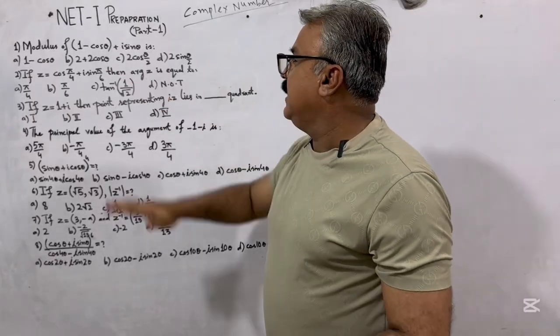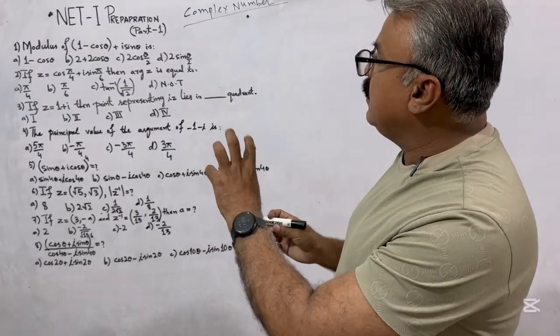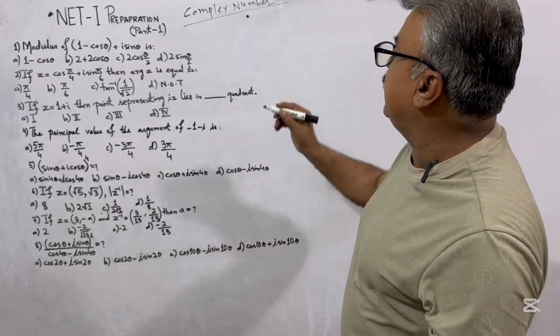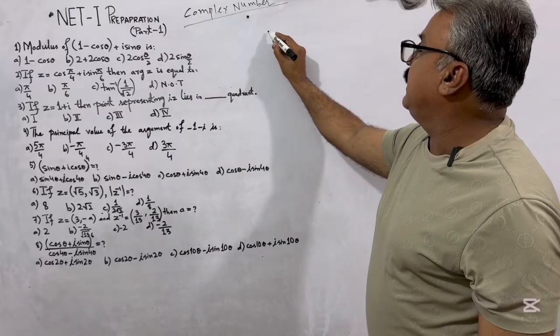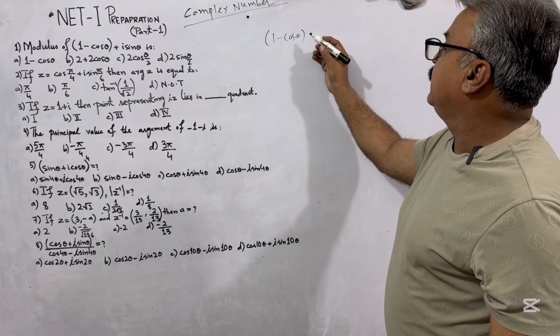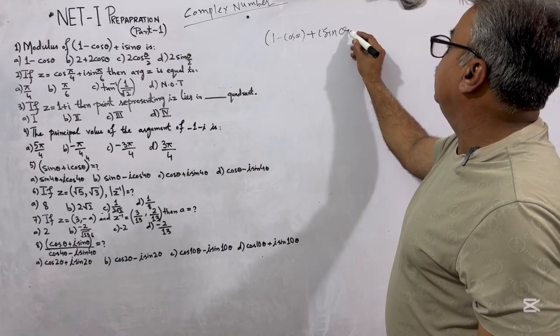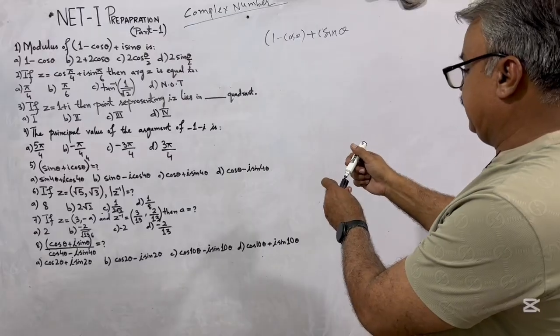Without wasting time, let's jot down question number 1. Modulus of 1 minus cos theta plus iota sin theta. Let me write the question.